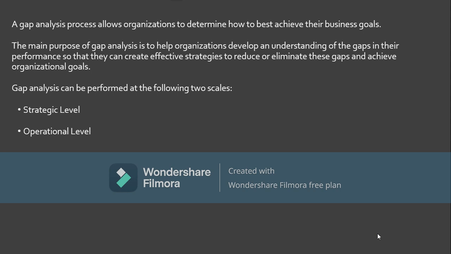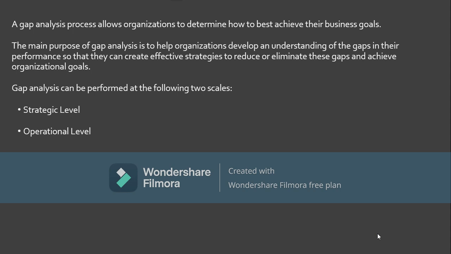The main purpose is to help organizations develop an understanding of the gap that is hindering them from having the performance they are expecting, and to reach that they can develop strategies, eliminate those gaps and achieve the goals. All these things, what strategies you should follow so that you can achieve the desired goal, not the current goal, are done in the gap analysis.